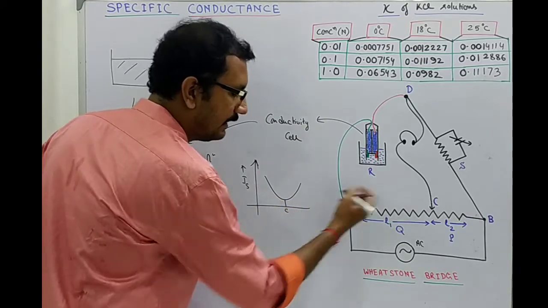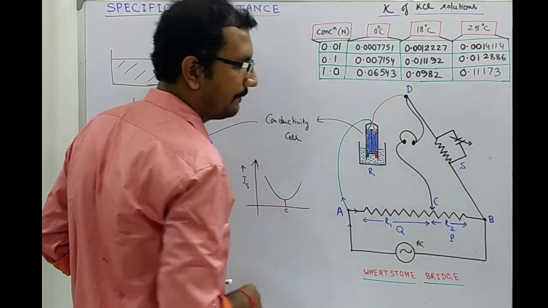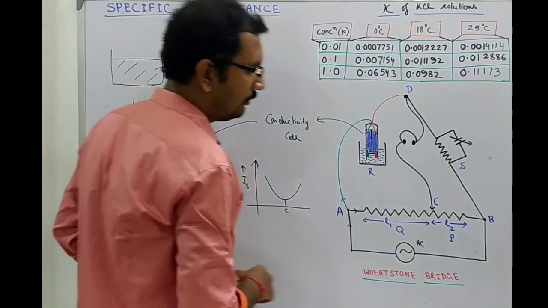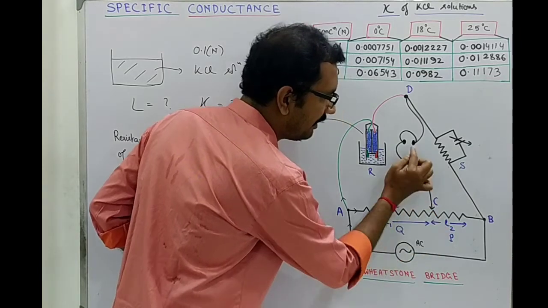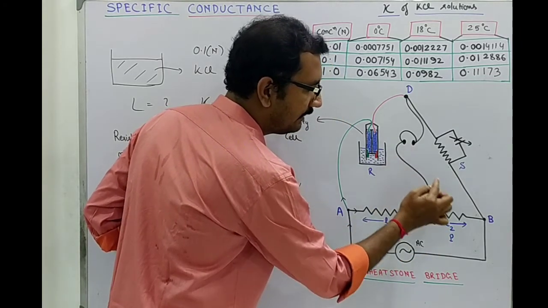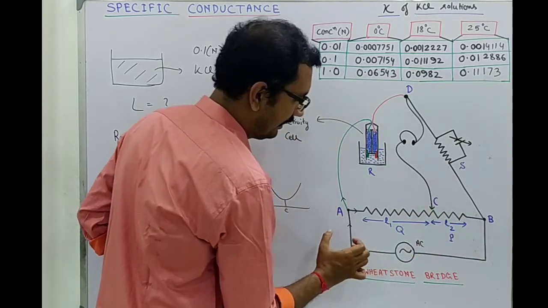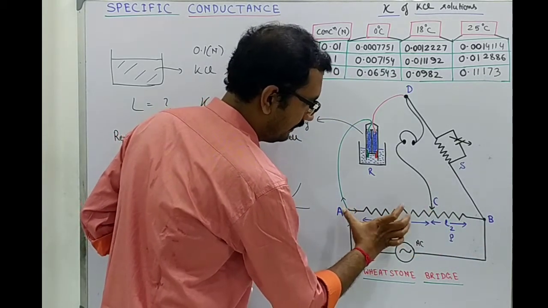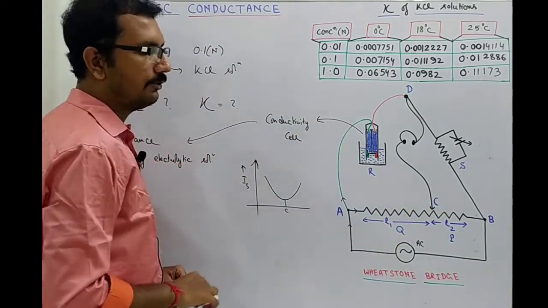That position is C. You have to find it by sliding the jockey. So, if this point produces the minimum amount of sound, then this arm BC and this AC will act as the other two arms of the Wheatstone bridge.